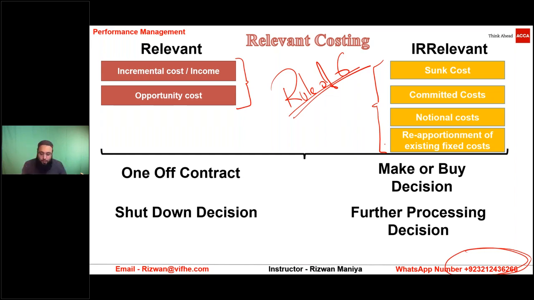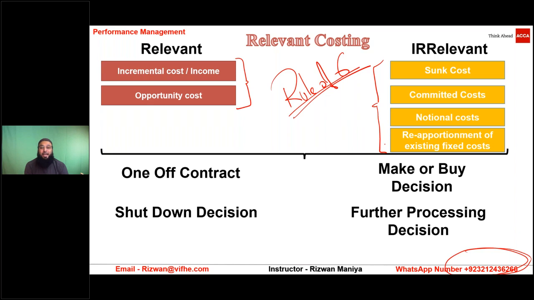We have to consider things which are directly related to that specific decision. Now, say you want to sit the paper in September 21. For this decision, will you consider previous paper examination fees?